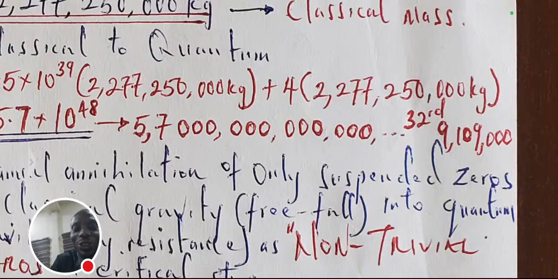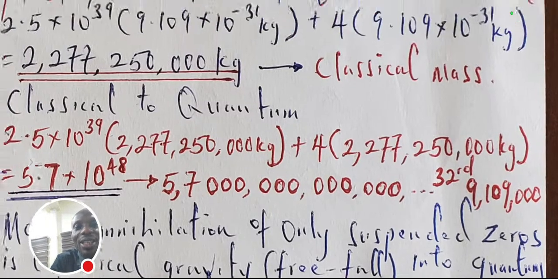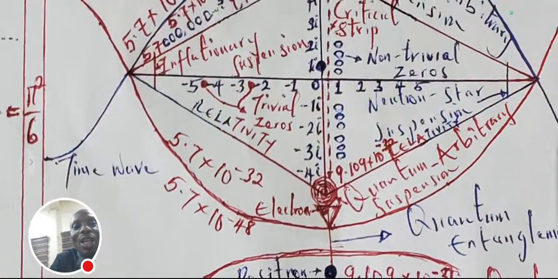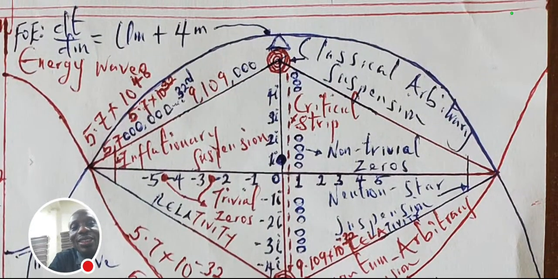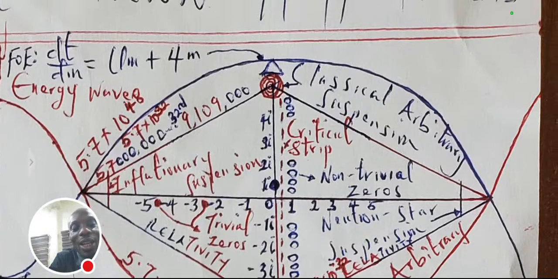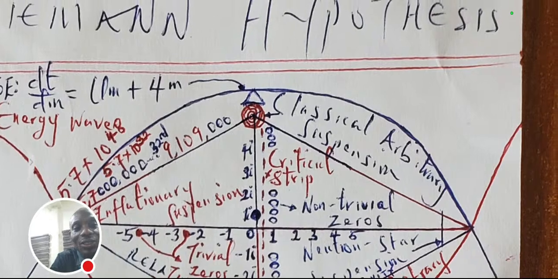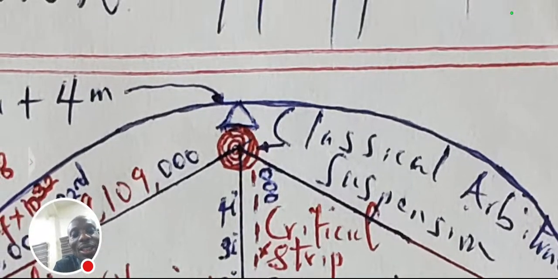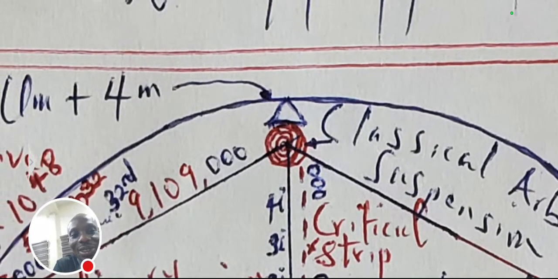Now this suspension that we have here is what we have up here. Now we have this convergence. You can see this red convergence here. That is the suspension.